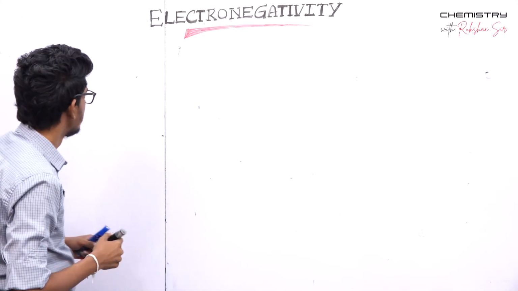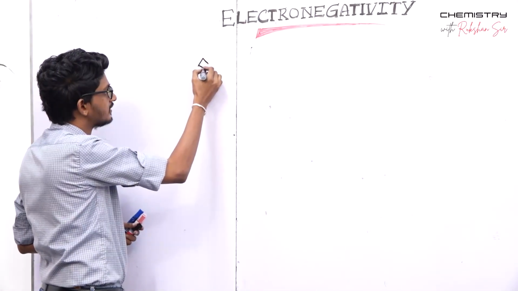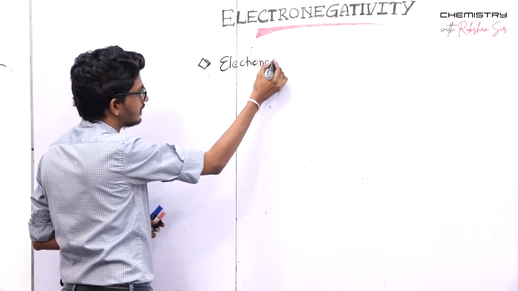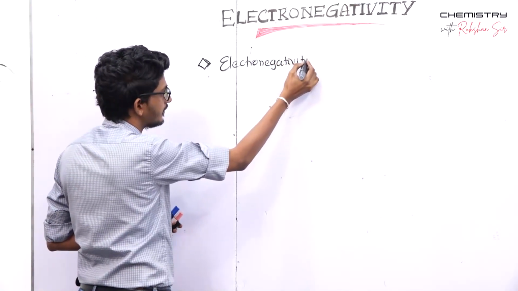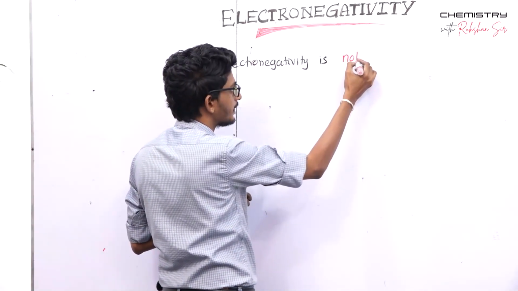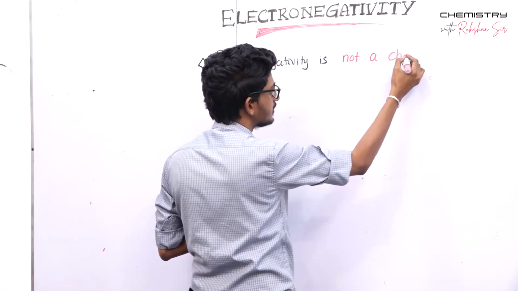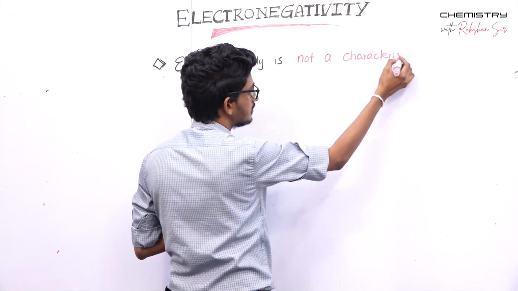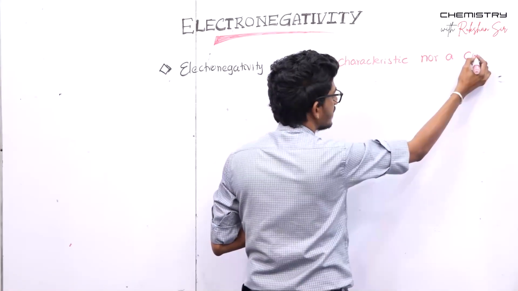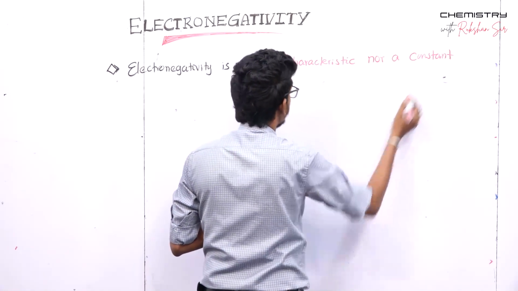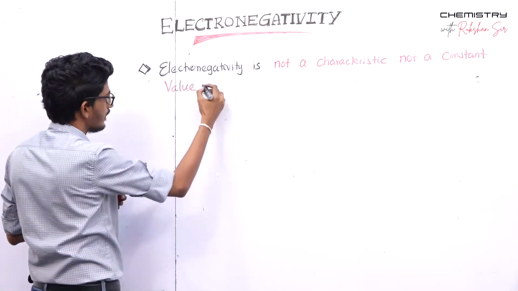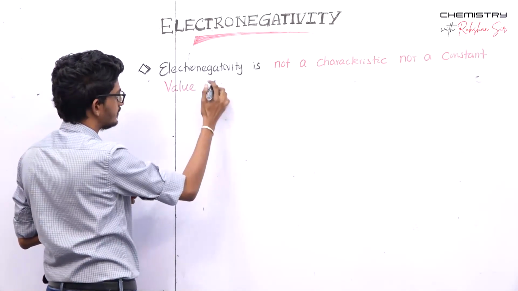The next point. It is said that electronegativity is not a characteristic nor a constant value for a considering atom.